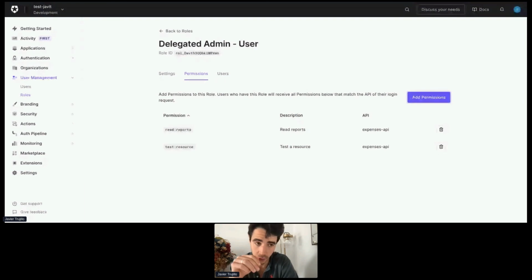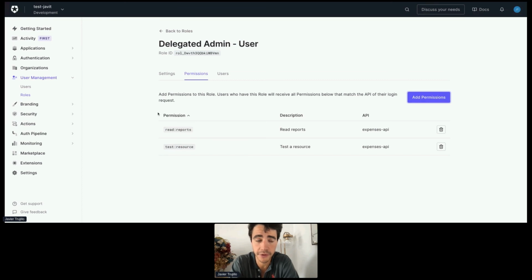So when the user logs into your application and tries to access your APIs, Auth0 is going to put the appropriate permissions onto the token, so that the API knows whether that person should or should not be given access to the API.